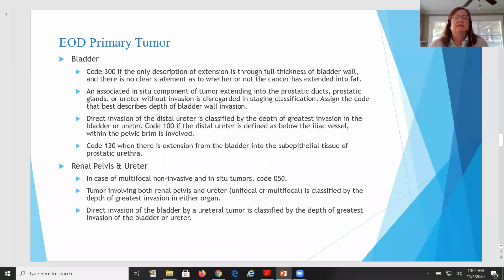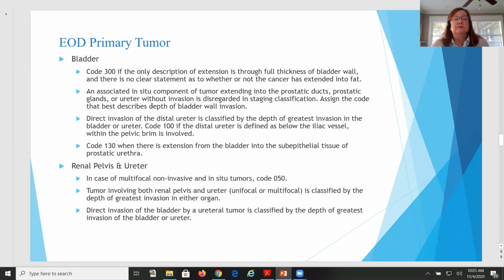Okie doke. So EOD primary tumor, bladder, code 300. If the only description of extension is through the full thickness of the bladder wall and there is no clear statement as to whether or not the cancer has extended into fat, code 300.